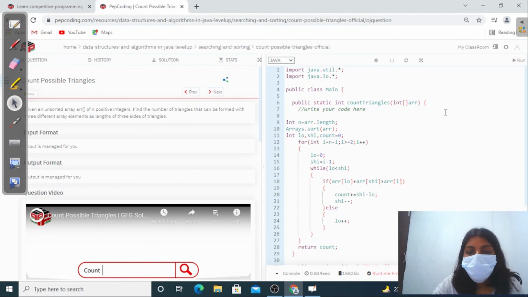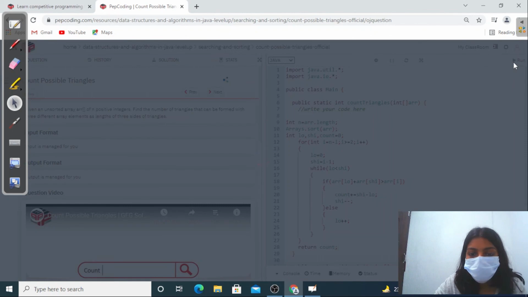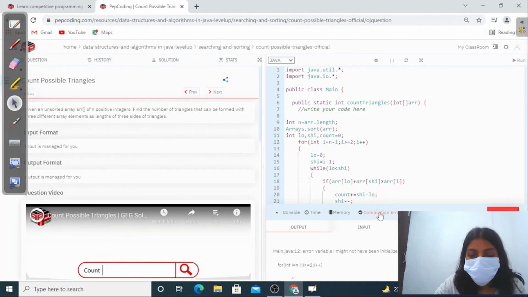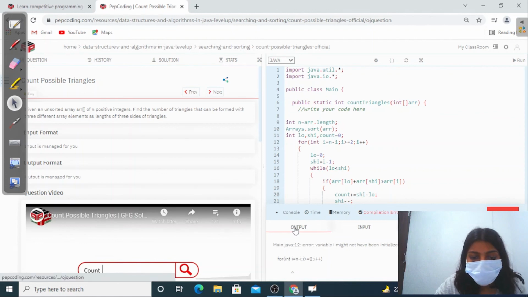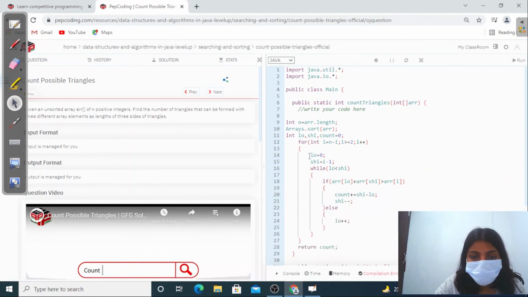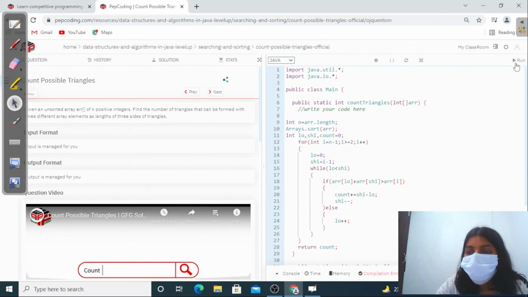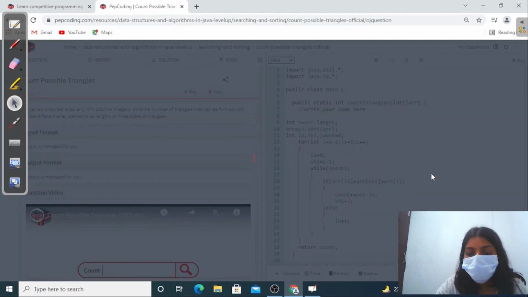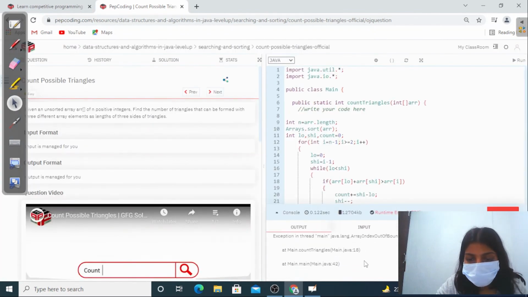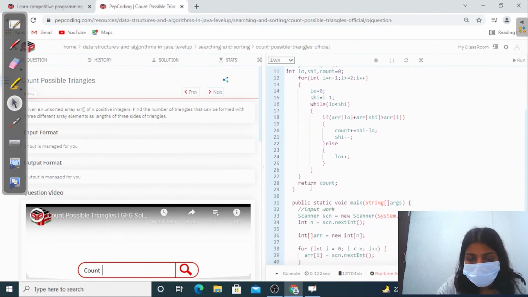Okay, so let's try to run this. It should be int i equal to n minus 1, it should not be n minus i. At which line? 18.